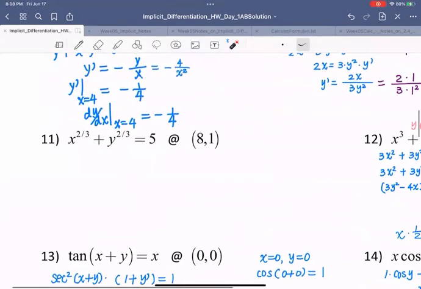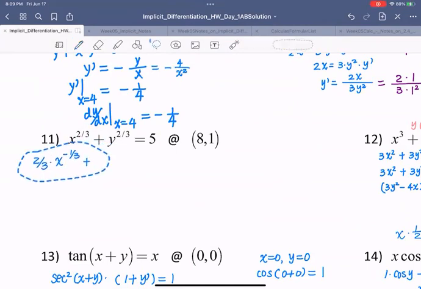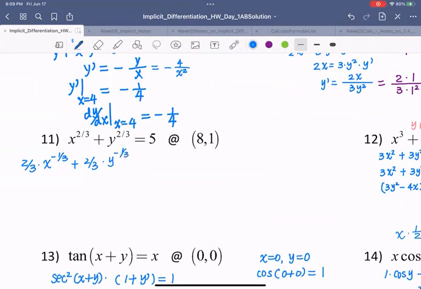Joyce, do the derivative for each term, please. 2/3 x to the power of negative 1/3, plus 2/3 y to the power of negative 1/3 times y prime.